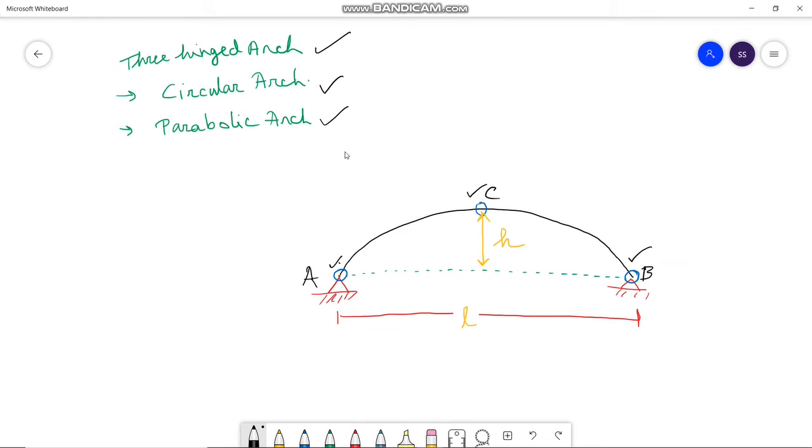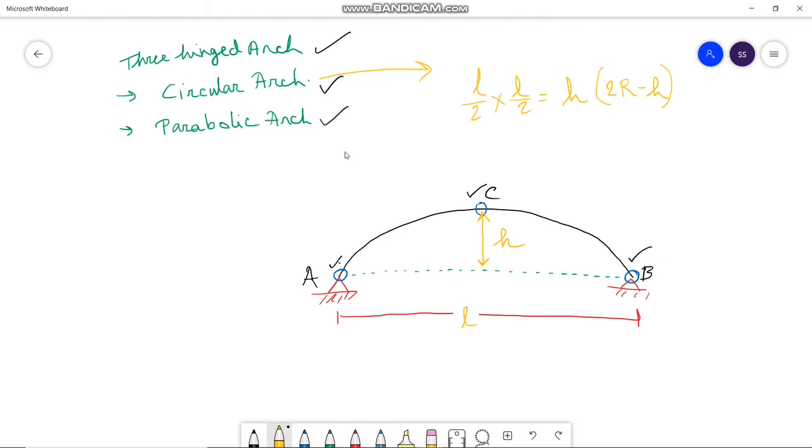In case of the circular arch, from the properties of a circle, we have a working equation: L/2 × L/2 = H(2R − H).